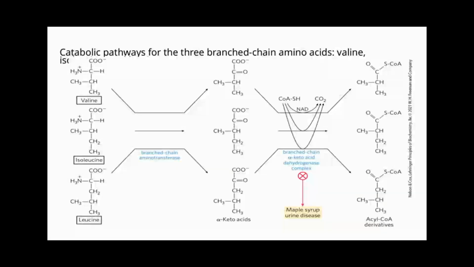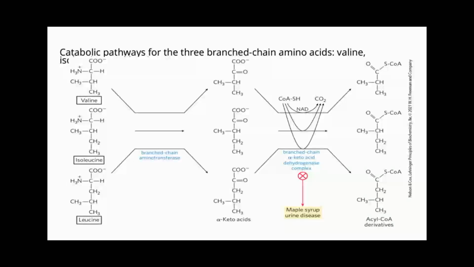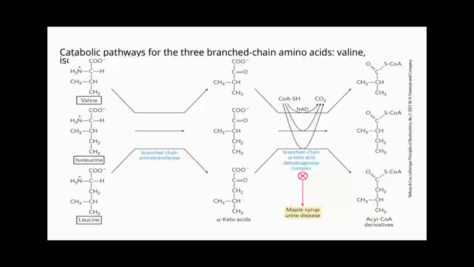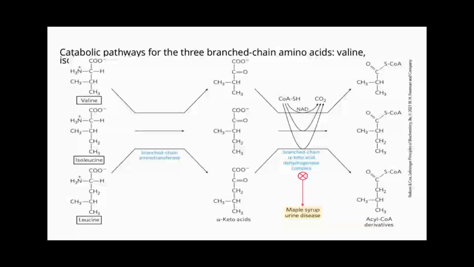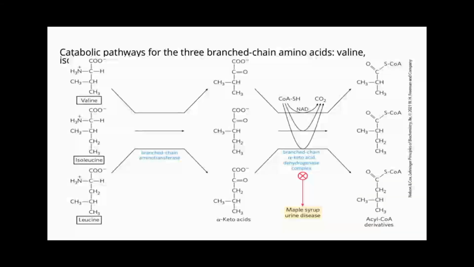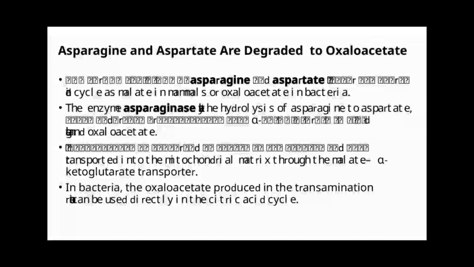Now, let's look at how the carbon skeletons of asparagine and aspartate eventually feed into the citric acid cycle. In mammals, these skeletons enter as malate, while in bacteria, they enter as oxaloacetate. An important enzyme here is asparaginase, which catalyzes the hydrolysis of asparagine to form aspartate. From there, aspartate undergoes transamination with alpha-ketoglutarate, producing glutamate and oxaloacetate.